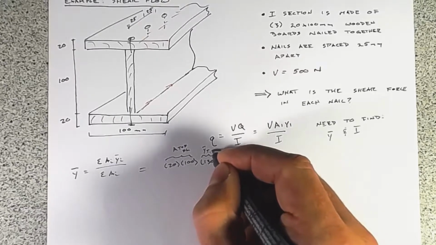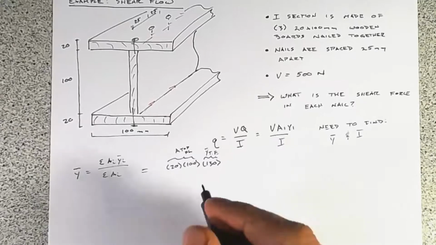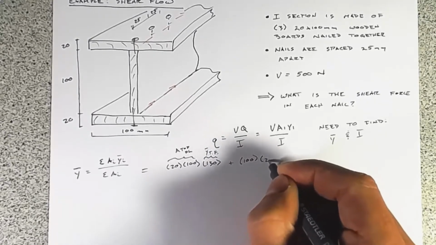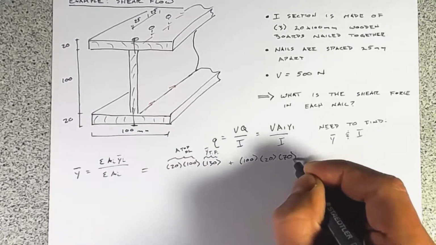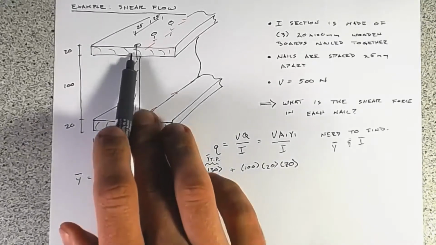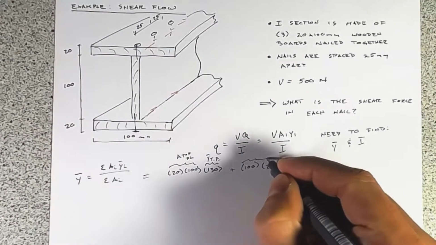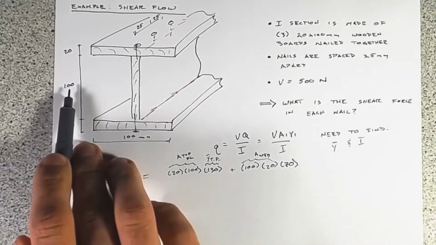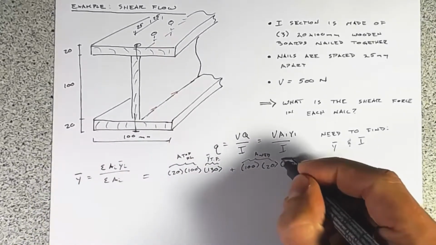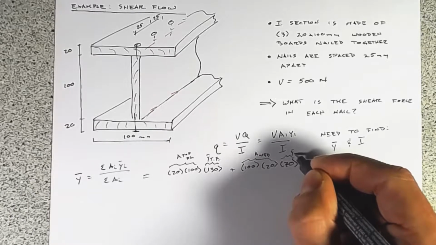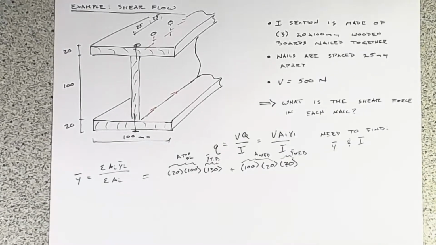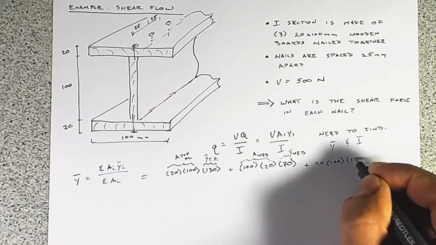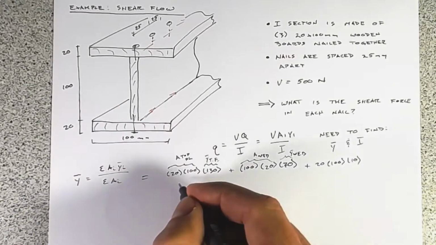Plus 100 times 20 times 70, which is the area of the web, and 70 is half of 100 plus 20, that's y bar of the web. Plus 20 times 100 times 10, and that's all just the bottom flange.